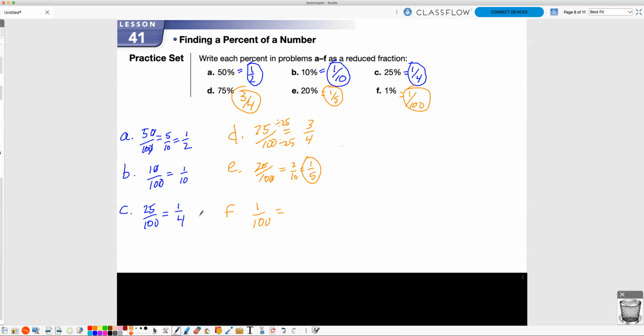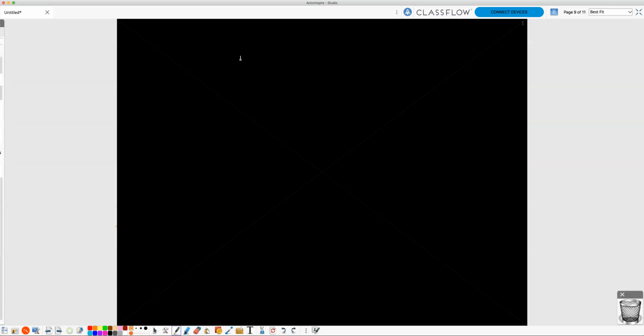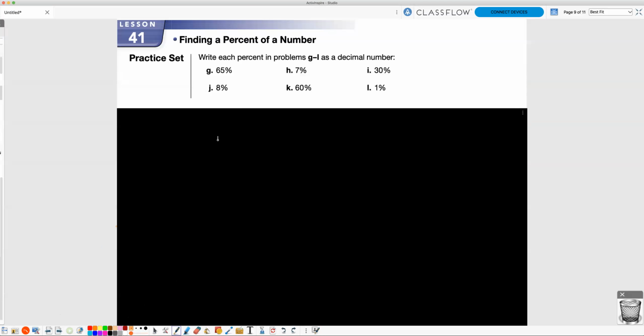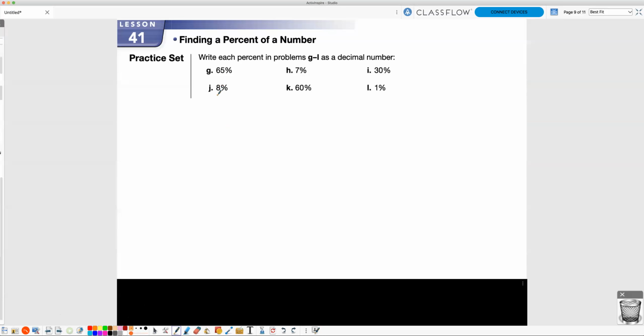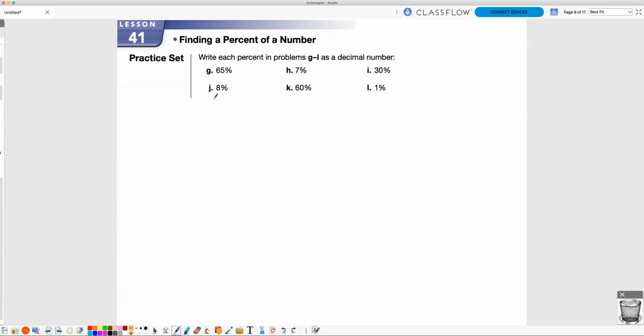So you're done. All right, letter G through L says write each percent in problems G through L as a decimal number. Wow. Okay, so this one is so incredibly easy. Let me even just do letter G for you, just so you know how easy it is.